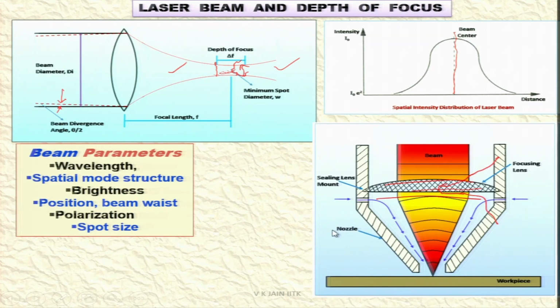You can see some new feature over here, some sealing lens, some kind of gas is being added to the beam through this side zone, that you can see clearly. So this will come wherever the laser is focusing on the workpiece surface, and it will definitely affect the machined surface characteristics.